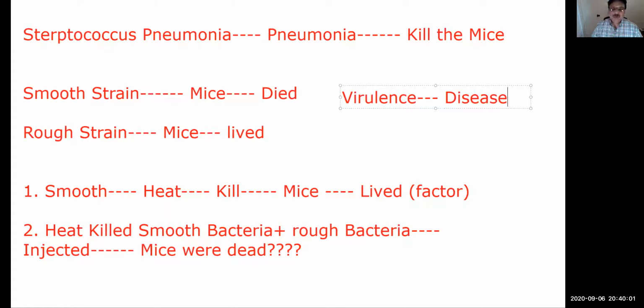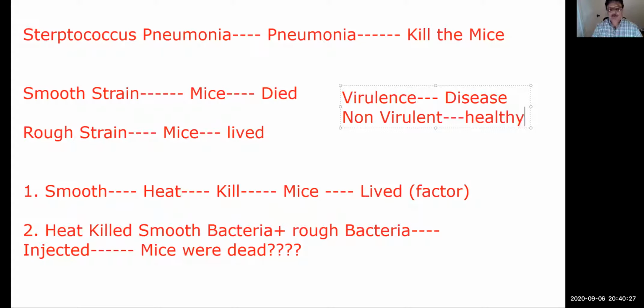So smooth bacteria was virulent, meaning it caused disease in mice and the mice could die. Non-virulent is a bacteria or any pathogen or bug that cannot cause disease, so the animal or the host will live and will be healthy.